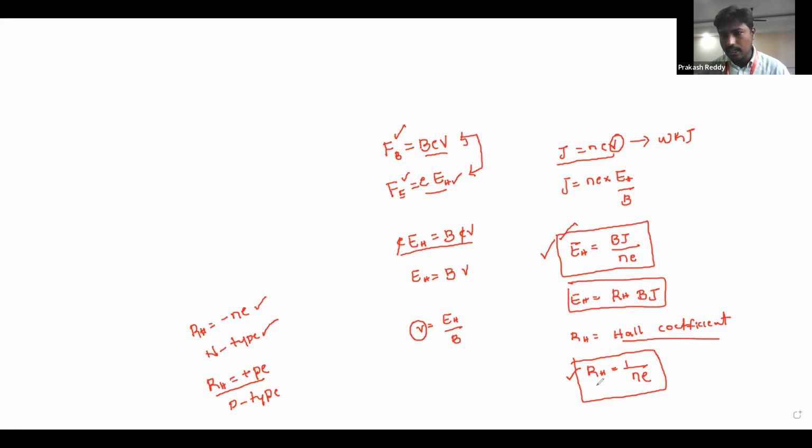By getting a negative Hall coefficient, we can say the material is n-type, and by getting a positive one, p-type. Now derive the equation for Hall voltage developed across the material. For that, I am going to see.